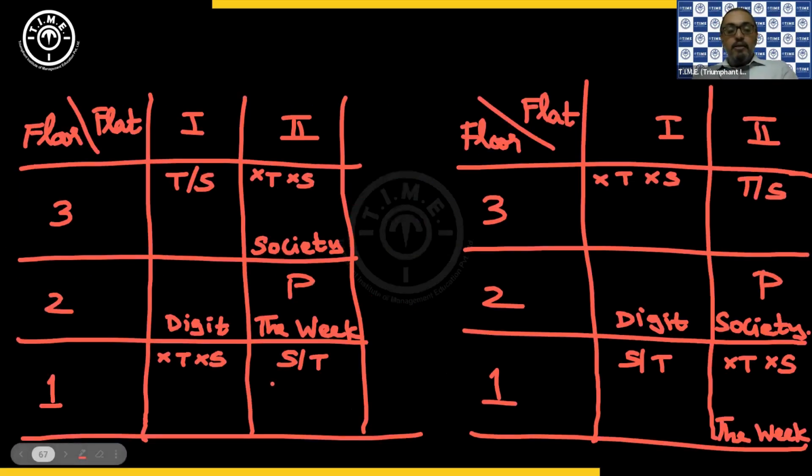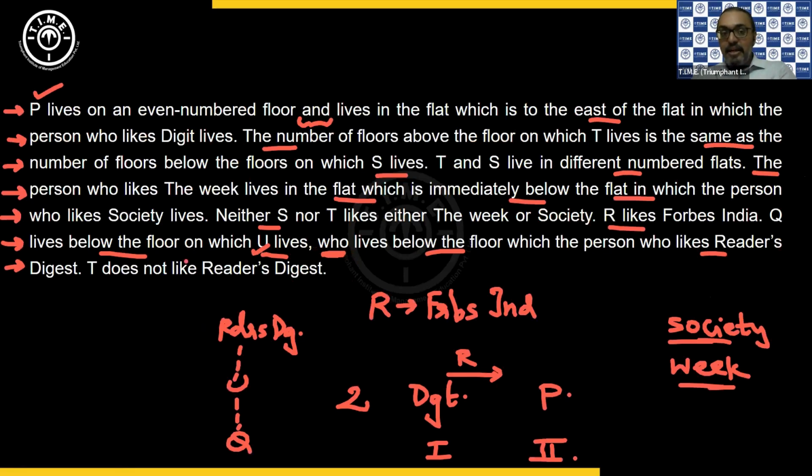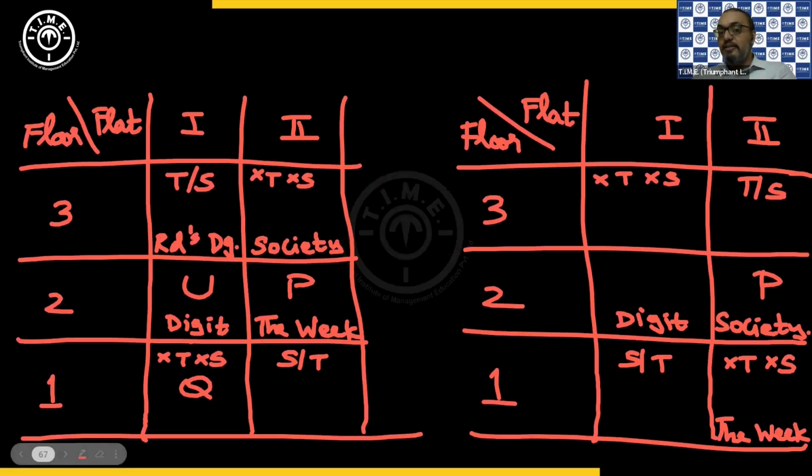Okay, so in the first case, I can have U as a digit. Q will be given here because in the first floor, the other person is S or T. And then you can have Reader's Digest here. And the last line said T does not like Reader's Digest.